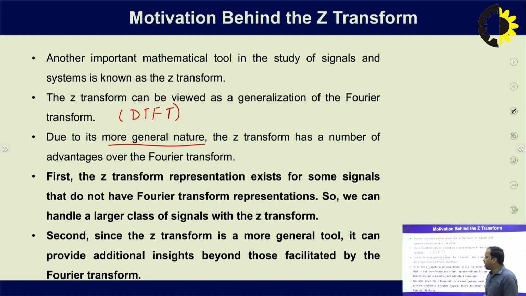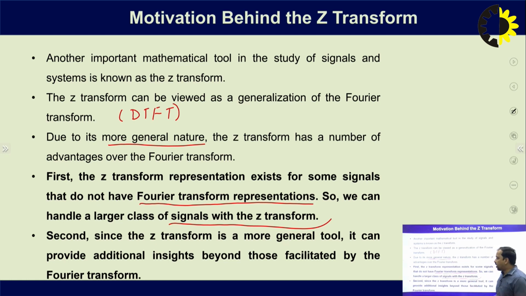The first advantage of the Z transform is that its representation exists for some signals that do not have a corresponding Fourier transform representation. That's why we can say that the Z transform has the ability to handle a large class of signals.